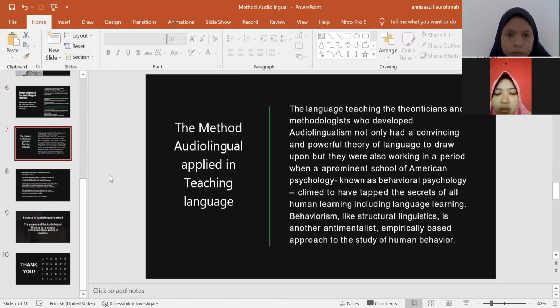The audiolingual method is applied in language teaching.